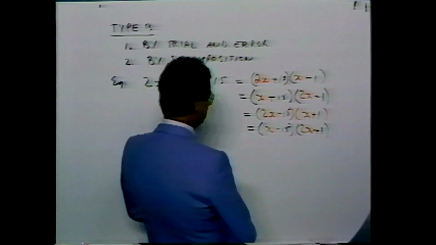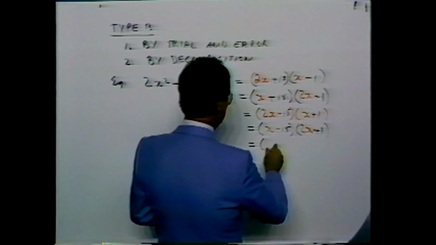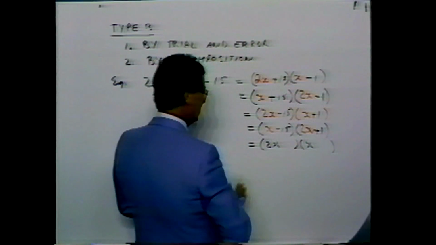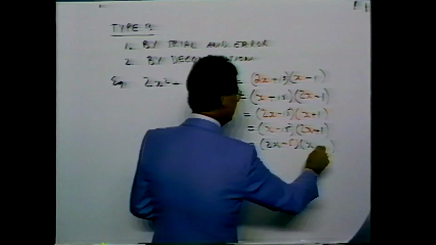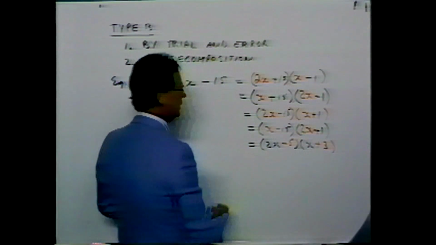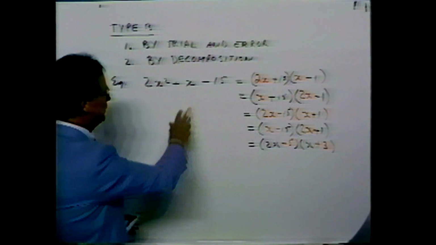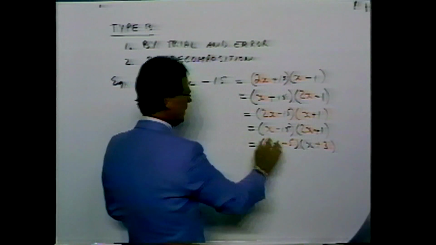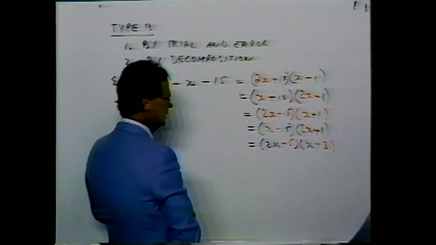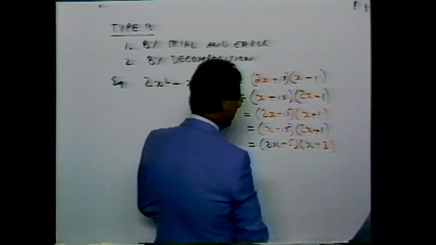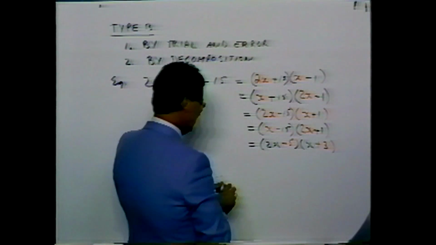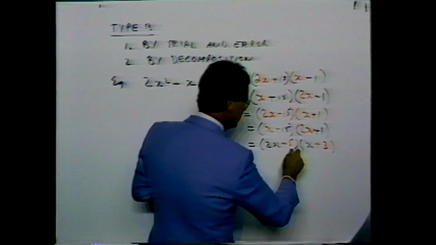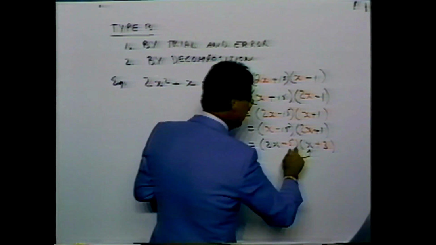Let's have a look at those. 2x followed by x. Minus 5, plus 3. Now let's check this to see if I get plus x in the middle. We know we get 2x squared and the minus 15. That's looked after by the selection of these binomials. But to find out whether we get the middle term or not, we take these two and multiply them.